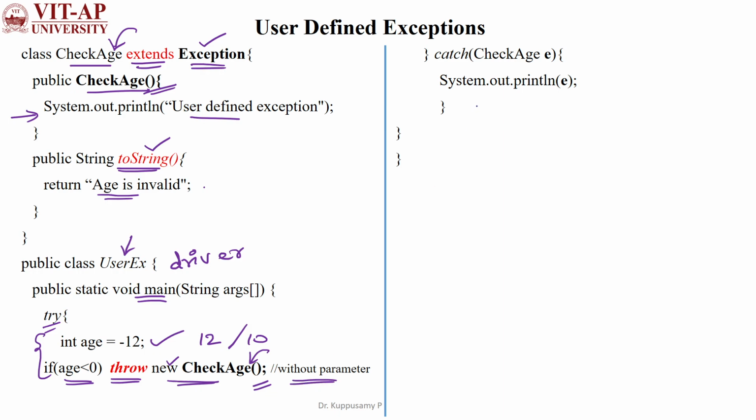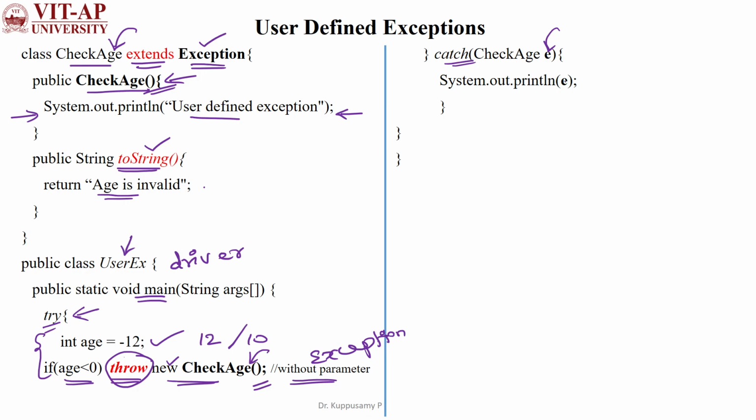Constructor without parameter. Then the exception which is raised here, the message which is available here, will be thrown. Then inside the try block, the exception raised is received from the method CheckAge, right, which is handled here.